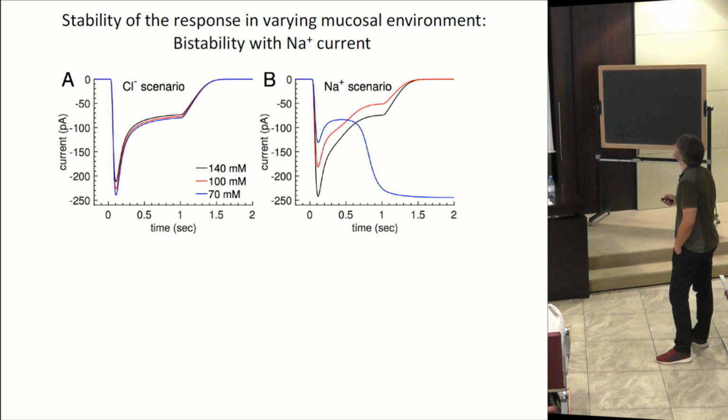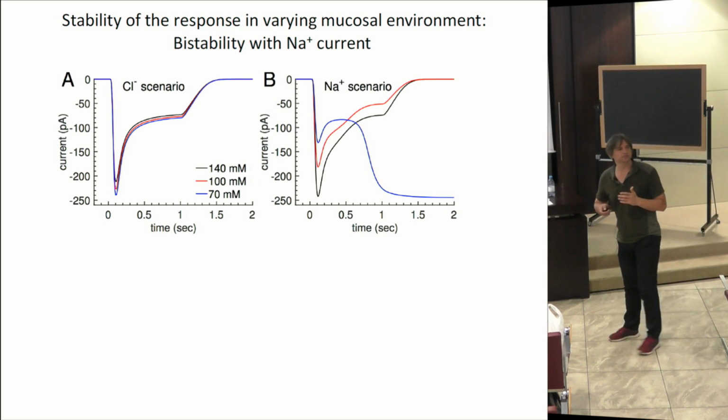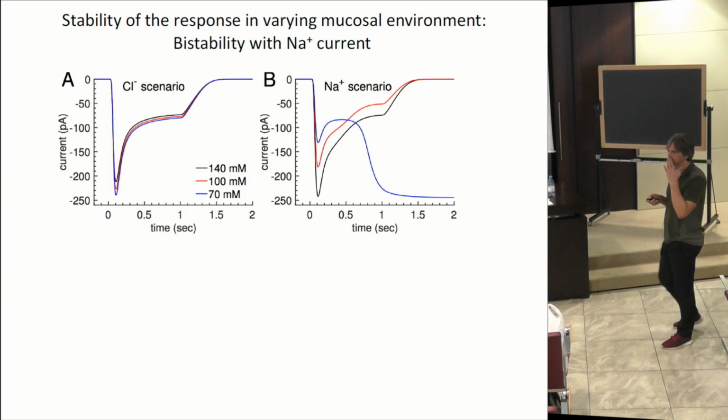Now, what happens if you assume that the concentrations in the mucus change? The mucus is something that you inhale if you go swimming, or if you have a cold, so you can assume that the composition in your nose changes. For example, if you sneeze, it might be different after than before.